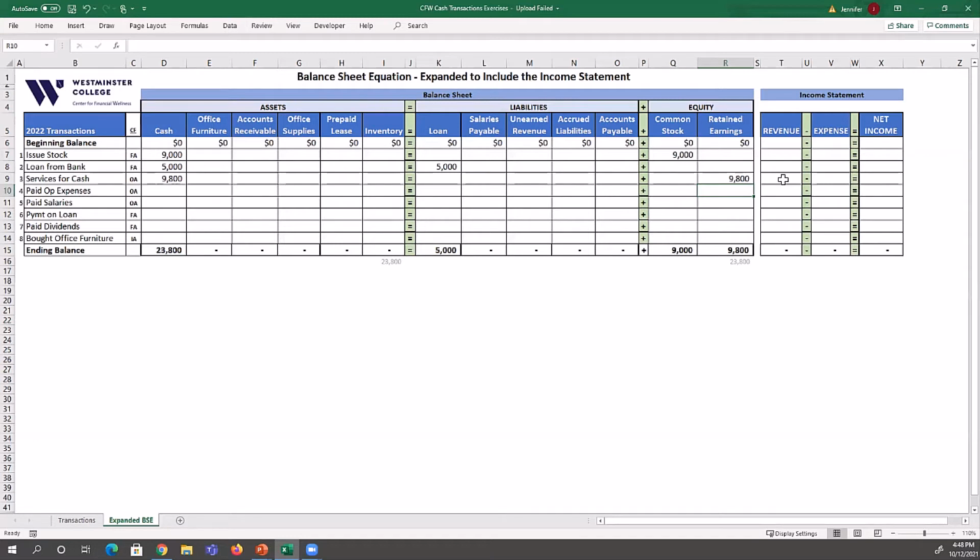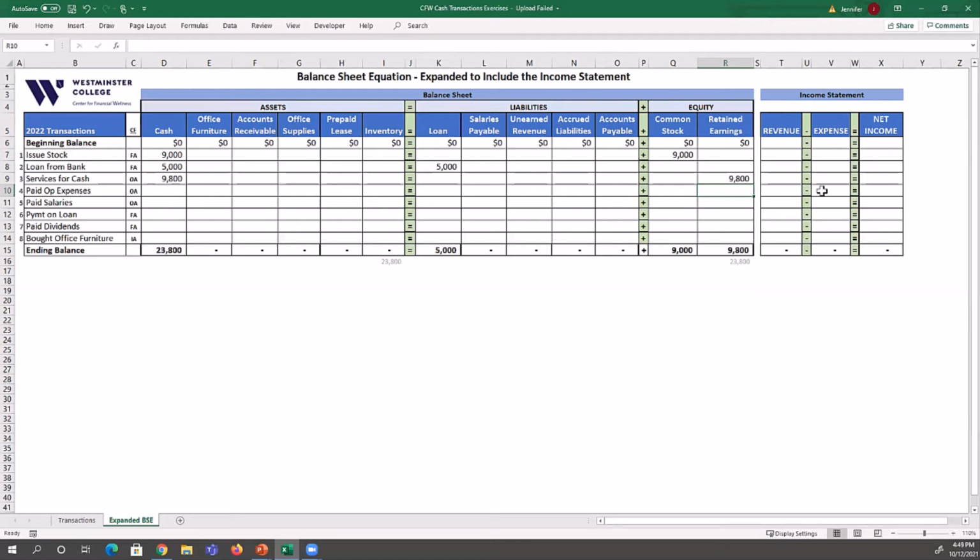So we're going to ask a couple of questions when we go to the income statement. We're going to ask, is this an operational wealth generating activity or a wealth consuming activity? If it's wealth generating, then we're going to put the activity in revenues. If it's wealth consuming, then we're going to put it in expense. The next thing we're going to ask is, how does it impact net income? And that is determined by whether it's a revenue or expense.